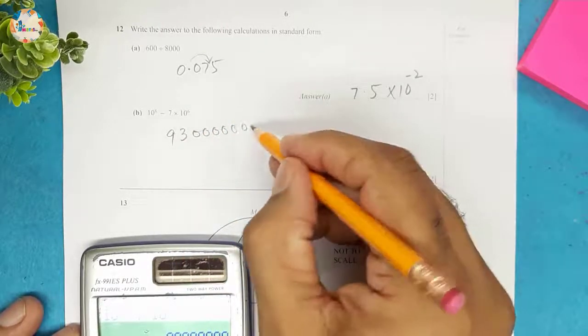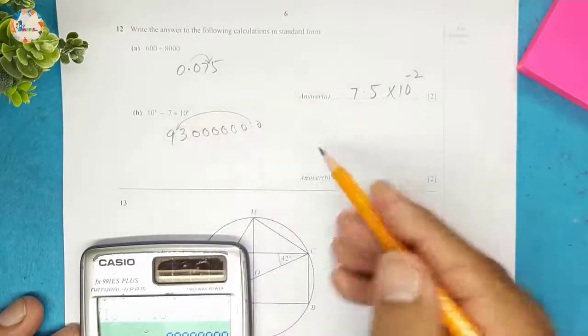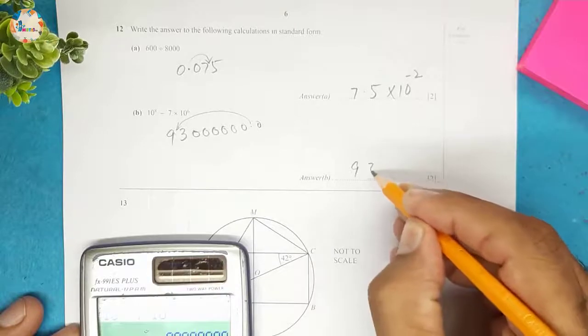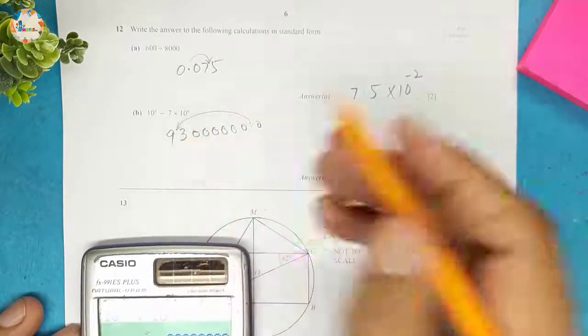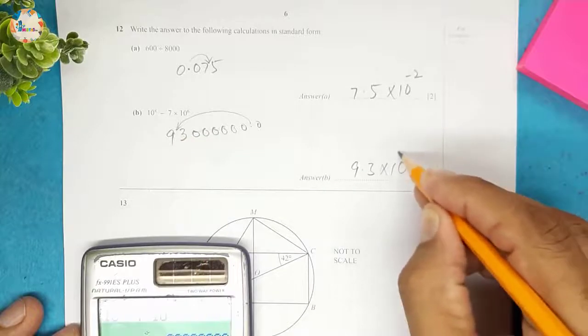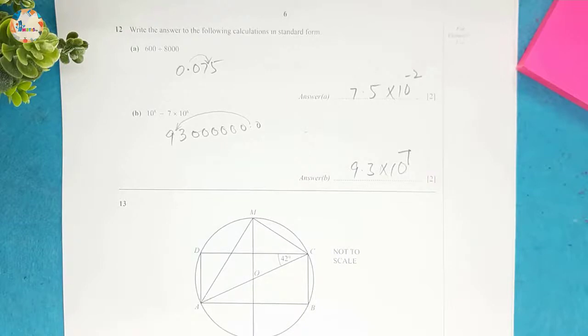Now we can write it like this, so this needs to be shifted over here. So we can write 9.3. We are taking 1, 2, 3, 4, 5, 6, 7 jumps to the left. So it will be 10 raised to the power 7. This will be positive because we are taking jumps to the left.